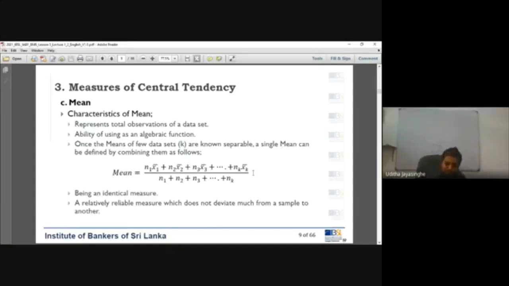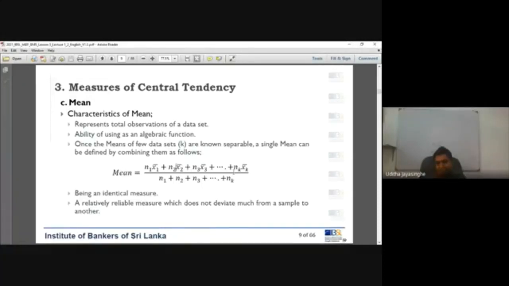Rather, you have the mean, multiply it by the number of items, and add it. Now, when you multiply these two numbers, simple n1 and x1 bar, the value that you're going to get is the total weight of the numbers.